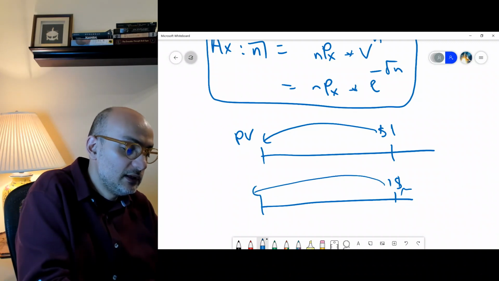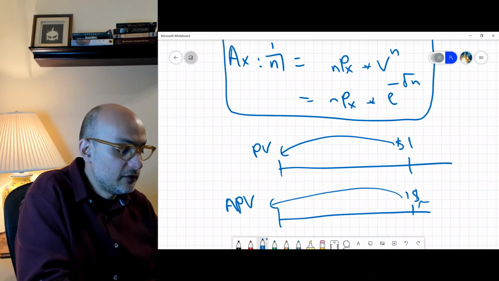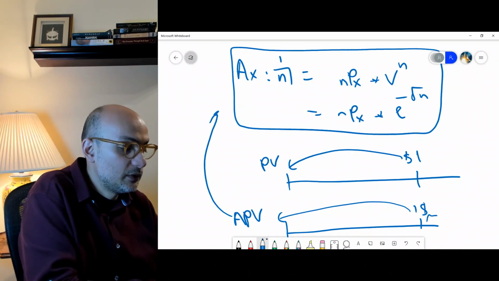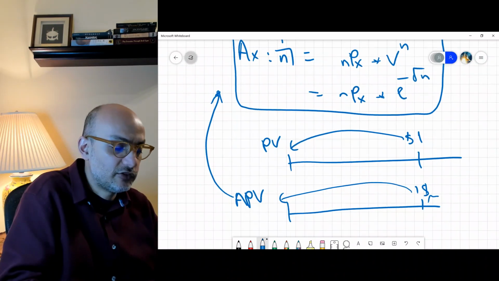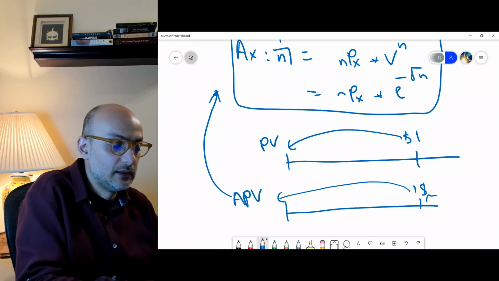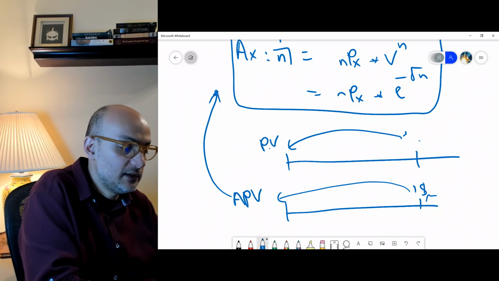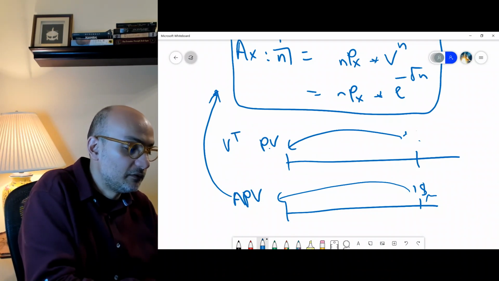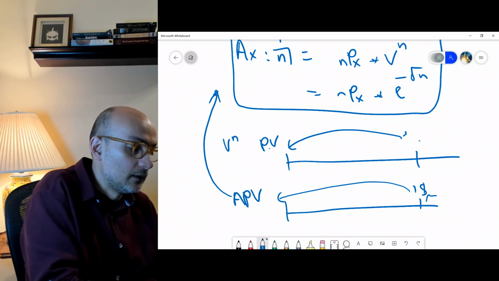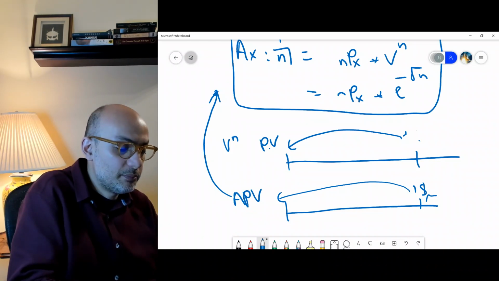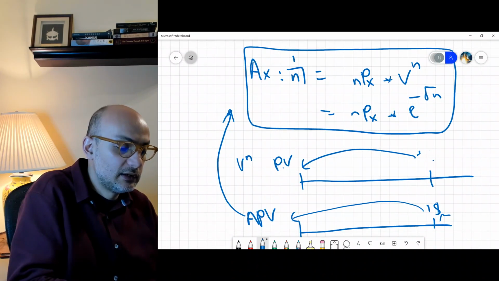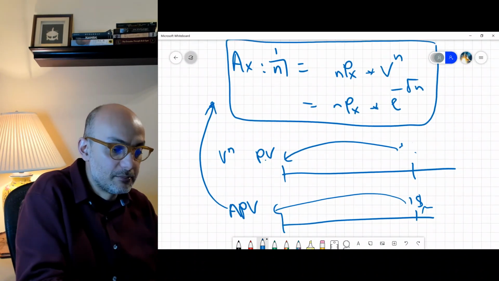To get it here, we need the actuarial present value. Because it's a very important concept, this is the actuarial present value, or the actuarial discounting rate. The discounting rate here is v^n, which is 1 over (1 plus i) to the n. But for the actuarial present value, you include the probability.